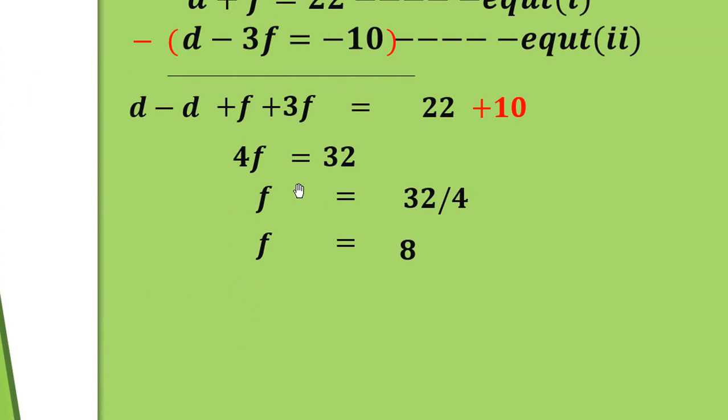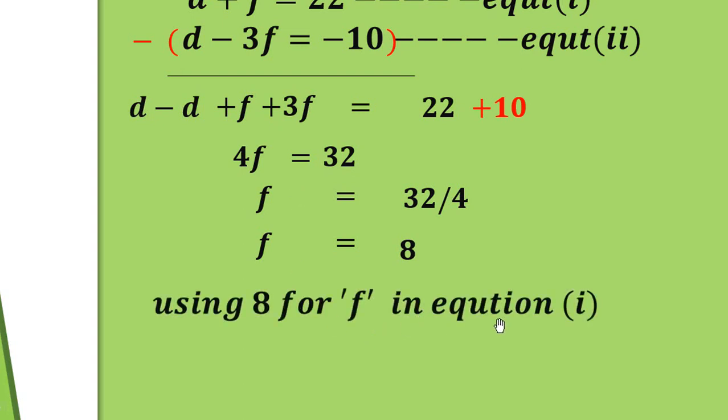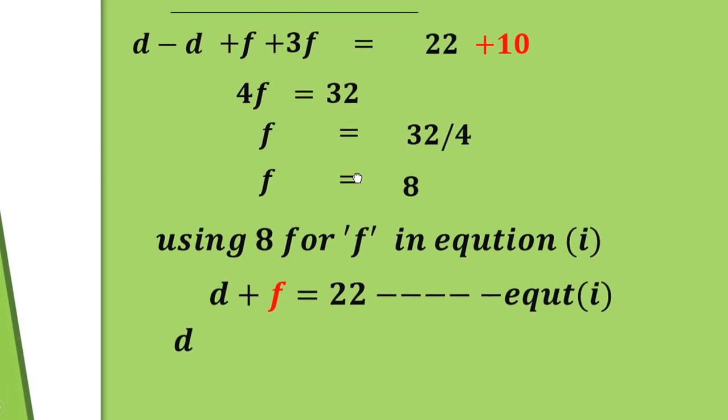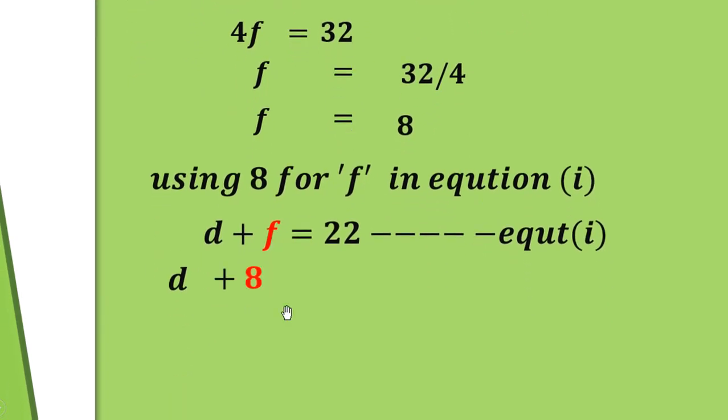So if f equals 8, then you can use 8 for f in equation 1. This is our equation 1: d plus f equals 22. So instead of f, you use 8. So that's d plus 8 equals 22.